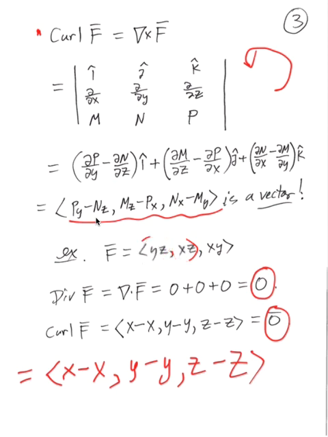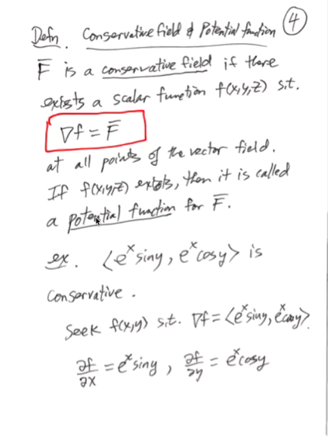So these both happen to be 0 for this strange field. That's unusual; that doesn't usually happen. So a strange example here. Why are we interested in computing the curl or the divergence here? In fact, we're going to be focusing on the curl in a little bit. Let's talk about conservative fields and potential functions, and the relationship they have with stuff like curl.